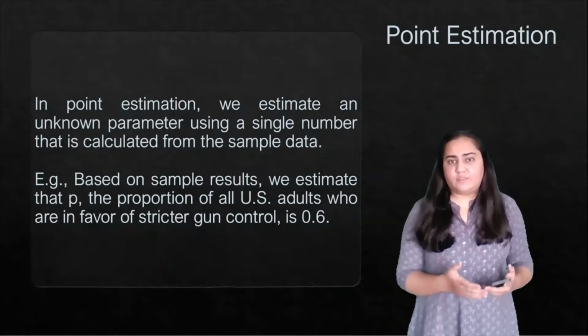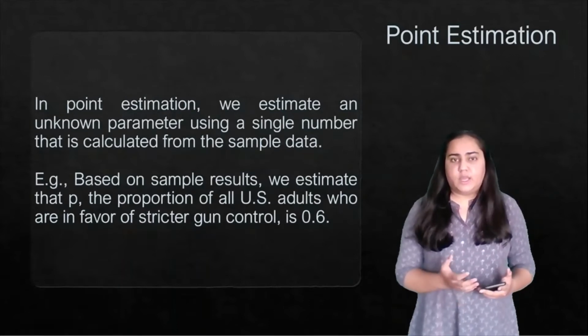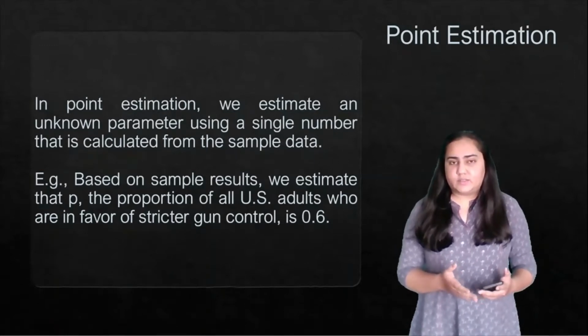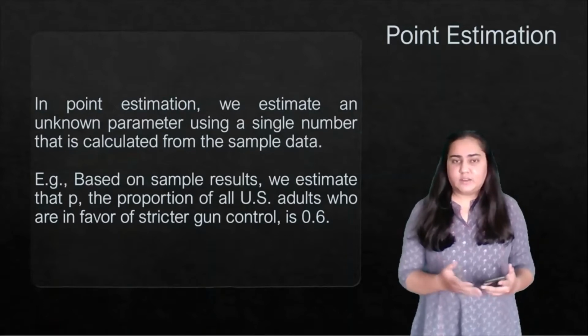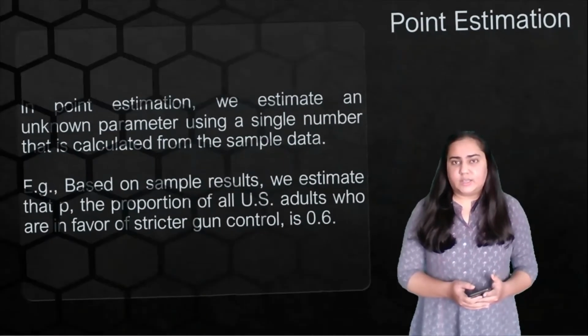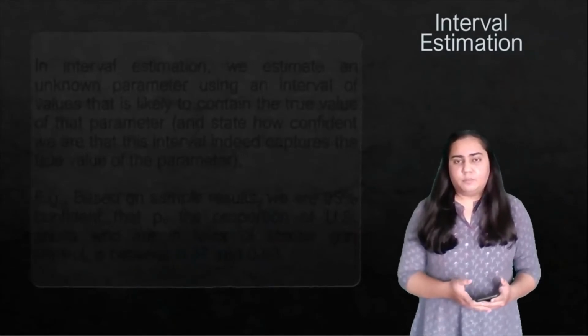We are not talking about everybody, we're just talking about a small proportion of those. And we found out that based on their opinions, they are 0.6, they are 60% in favor of stricter gun control. So this is an example of point estimation, and we'll see a little bit more detail about it later on in the video.